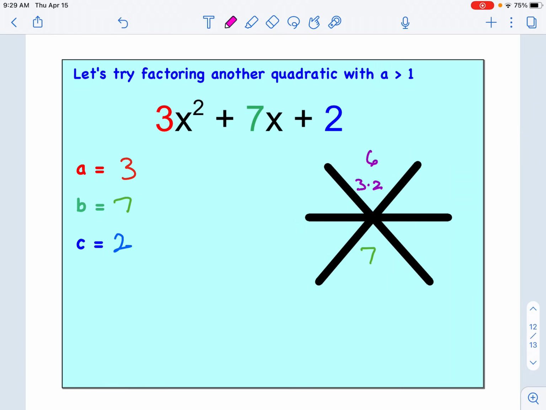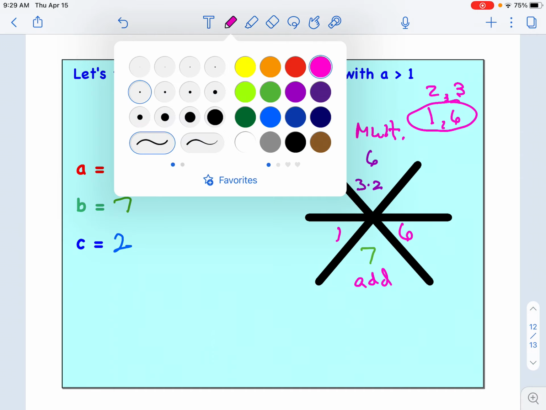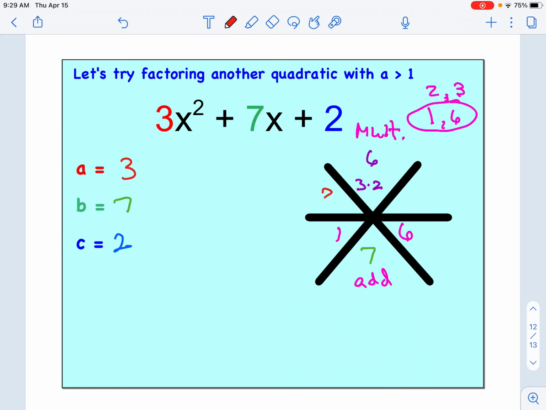So again, now I'm looking for the 2 numbers that multiply to 6 and add to 7. So I'm going to start listing my pairs. Well, 2 times 3, or negative 2 times negative 3, but that adds up to 5, not 7. Oh, but don't forget about 1 and 6, and that combination works. So the numbers go on the bottom, and again, what goes on the top is whatever your A value is.